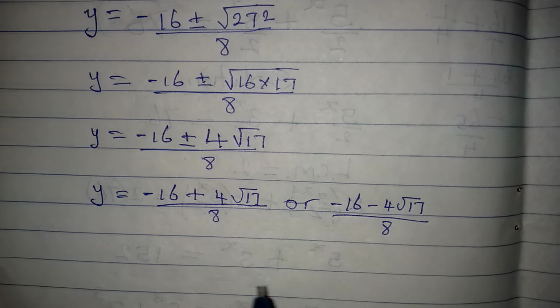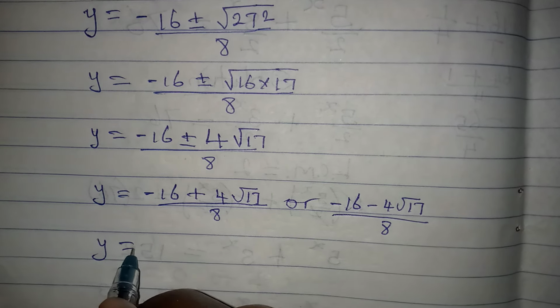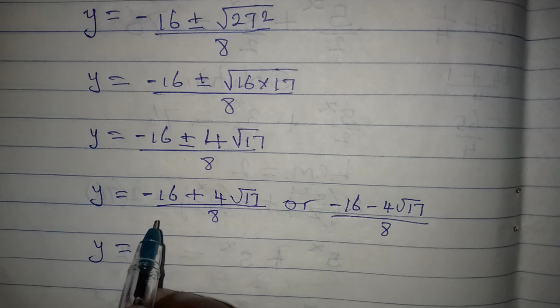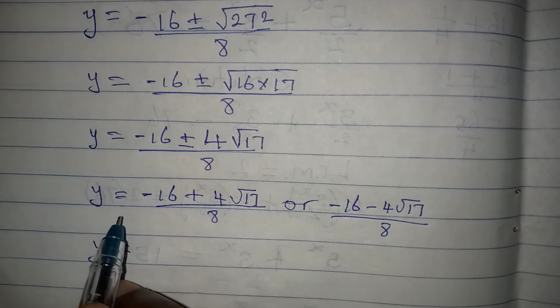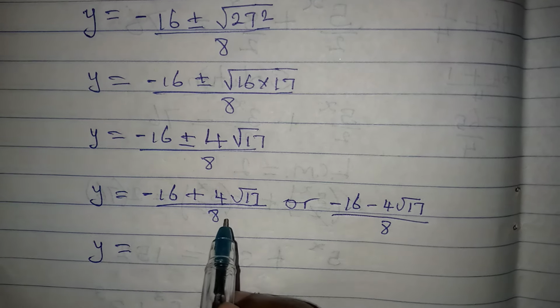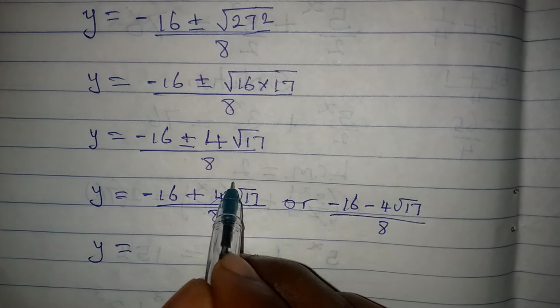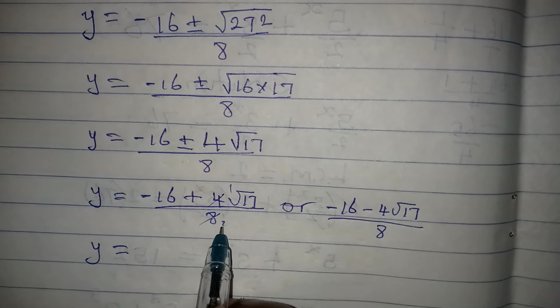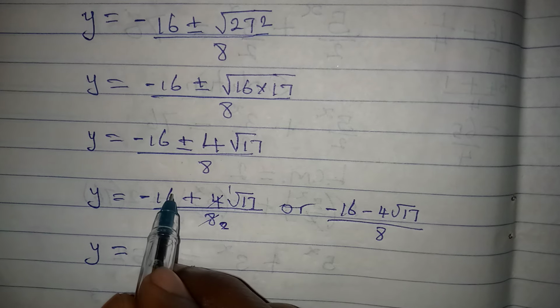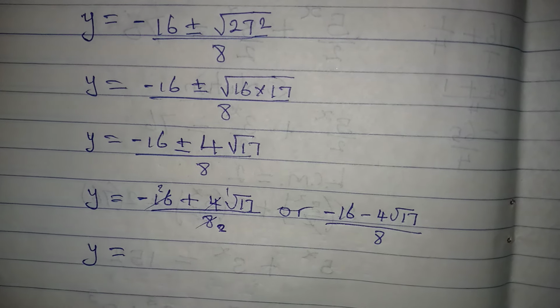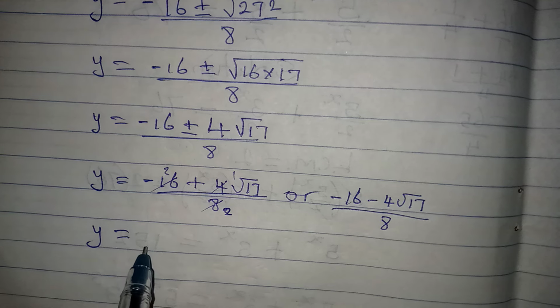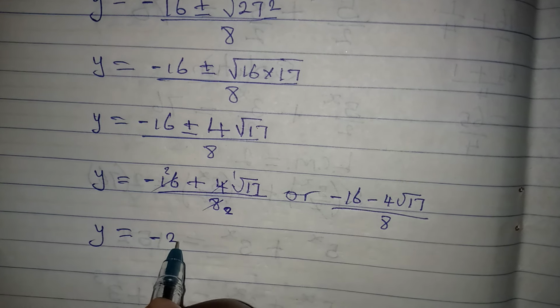So that if we continue with this, y will be equal to, now we can factor out, or by the way, let me say that 4 will go here 1 time, 4 will go here 2 times, and the same 4 will go here 2 times, right? So that means from here now we'll be having minus 2.